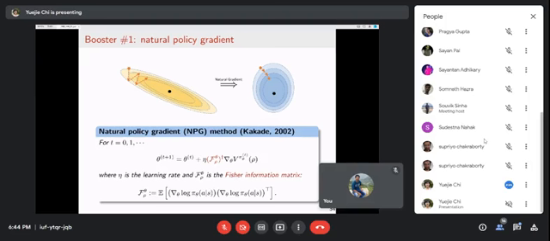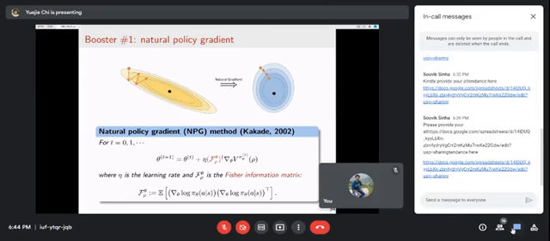This is constructed based on information of the parameterization. So roughly speaking, this approach allows us to stabilize our update of the policy to be insensitive to the different ways of parameterization.